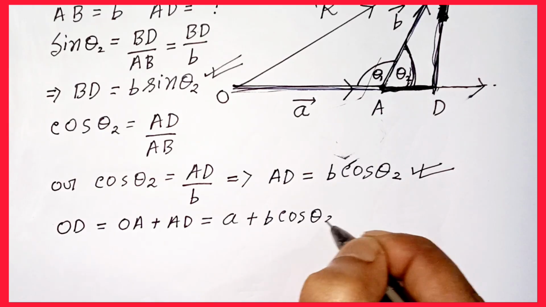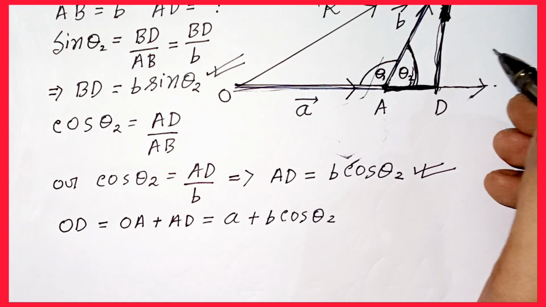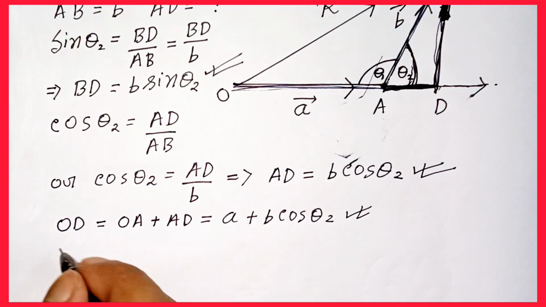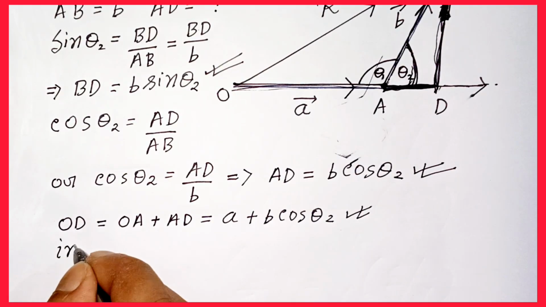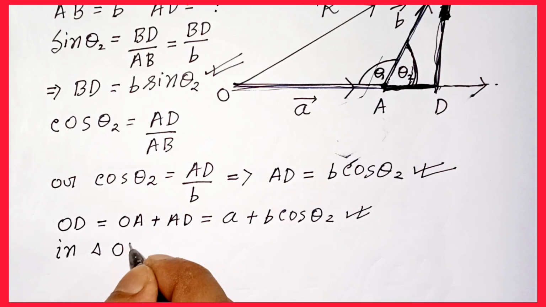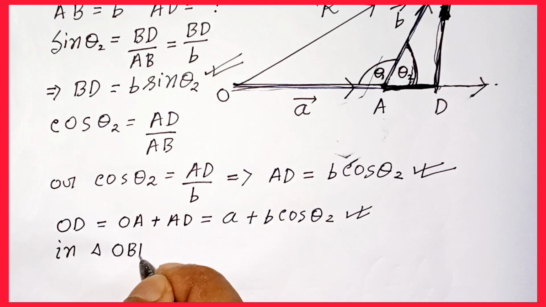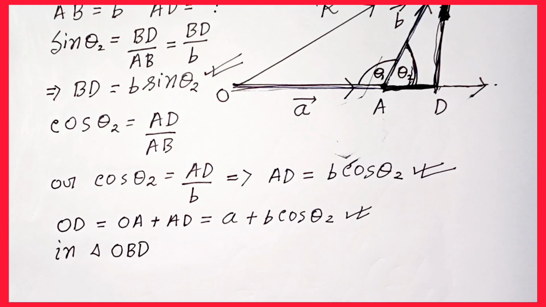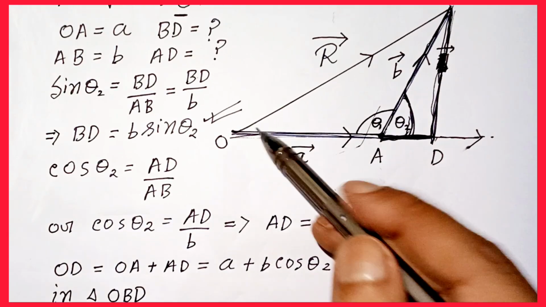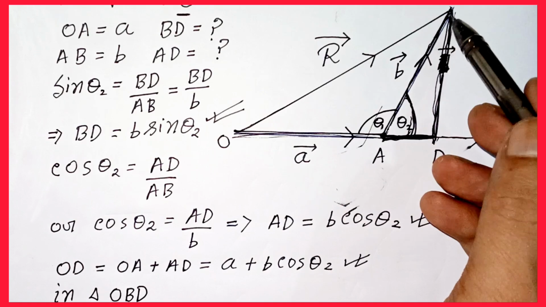This is the length of OD. Finally, OD equals A plus b cos theta 2. So in the big triangle, what is the big triangle? OBD. Wait, I will show you, don't worry. This is the big triangle OBD.